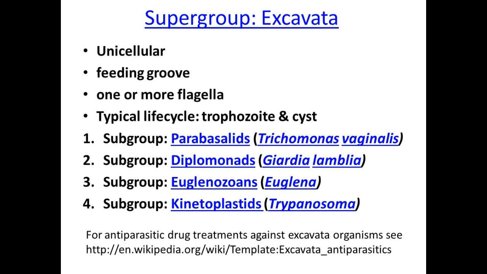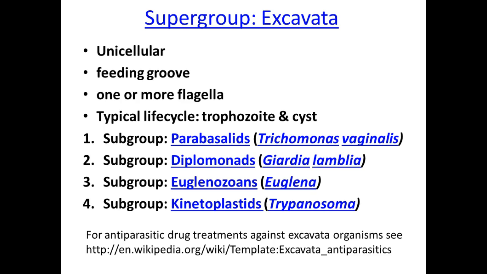So what is the trophocyte? It's the feeding phase, right? The active, alive, out there feeding phase. The cyst is the resting stage, so it's not actively metabolizing, it's not moving. It usually walls itself in, a cyst wall, and this protects it from the elements when food is scarce, when environmental conditions are harsh. It can still survive.